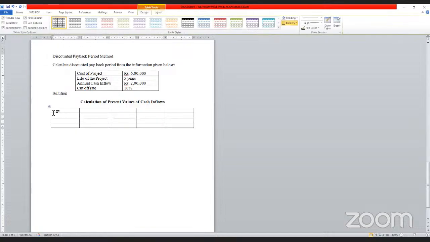First column year, second column inflows, third column PV at 10% discount factor.